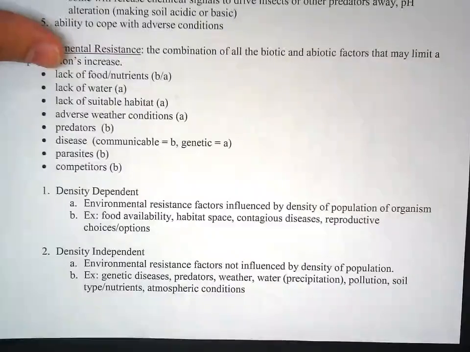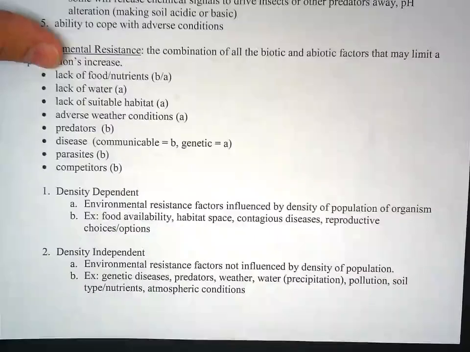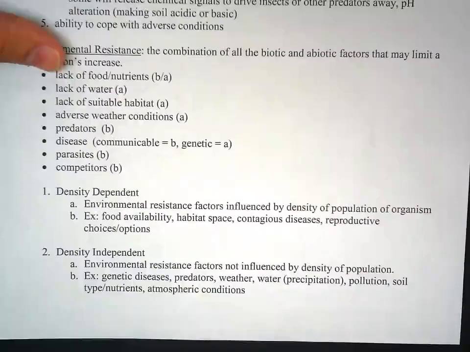You see this a lot of times with deer. When deer have an abundant food source, like farmers' fields or stuff like that, they can grow and reproduce rapidly into large numbers.